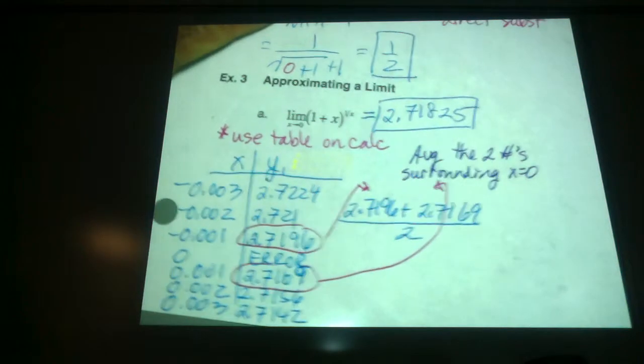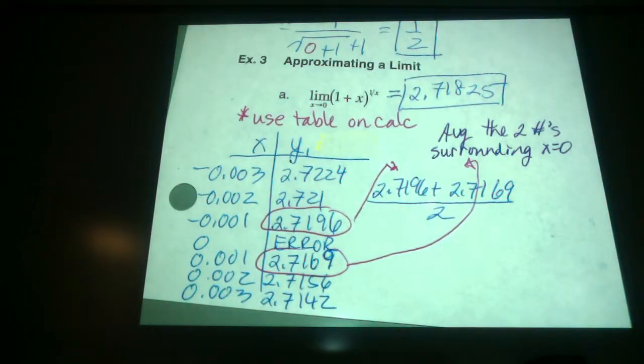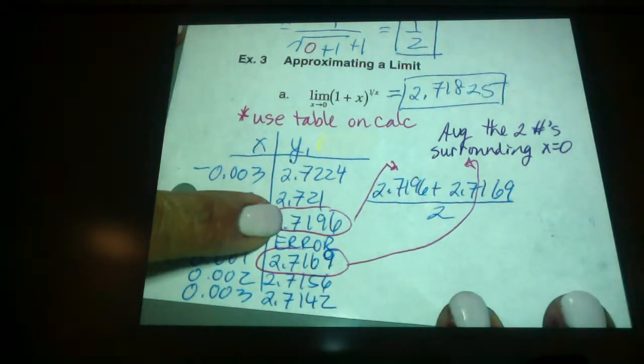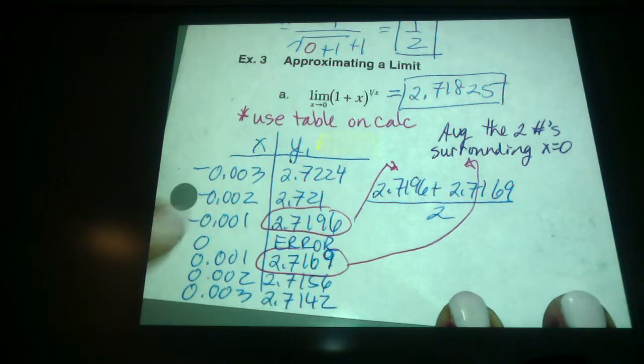All right, so then the last one on this page, we can approximate a limit. So on this one, if you were to put this in your calculator, which I'm not going to make you do, as I approach 0, I get very nearly the same number. We can take the two numbers that are very close to 0. Notice this time I didn't use 0.97 and 0.98 and 0.99.